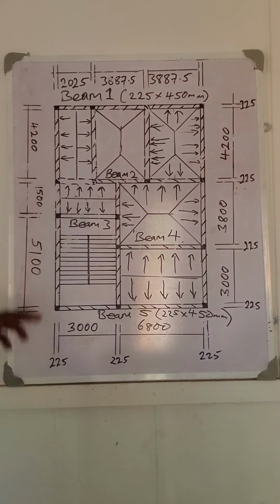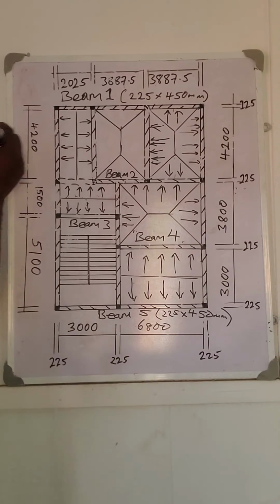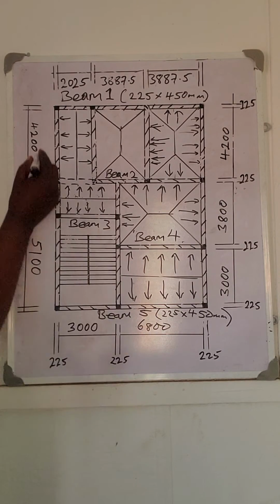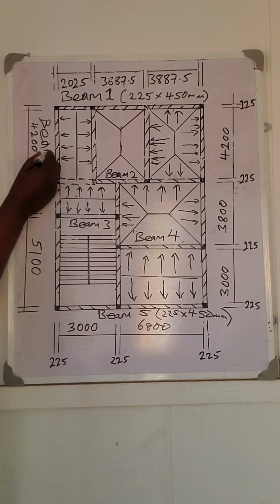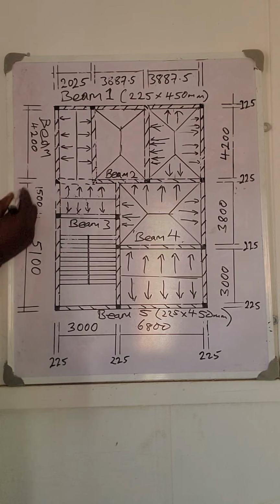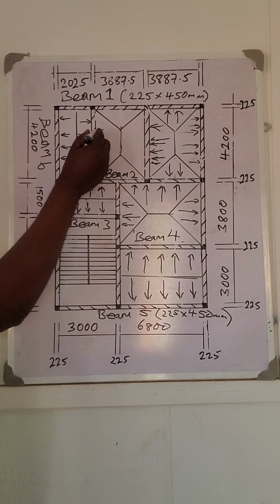Now we can start from the vertical beams. Let's call this one beam 5, this one beam 6, and this one beam 7.